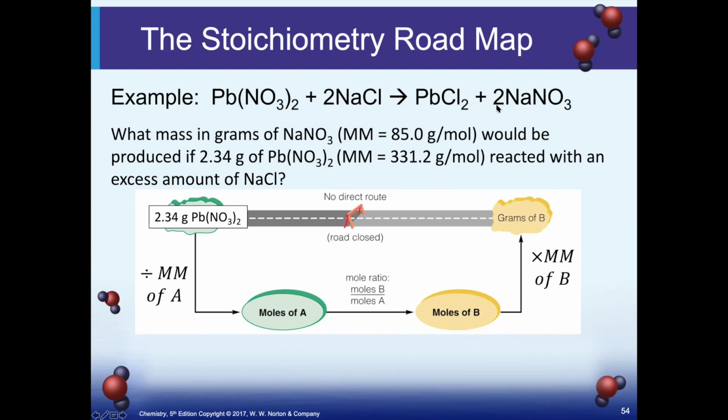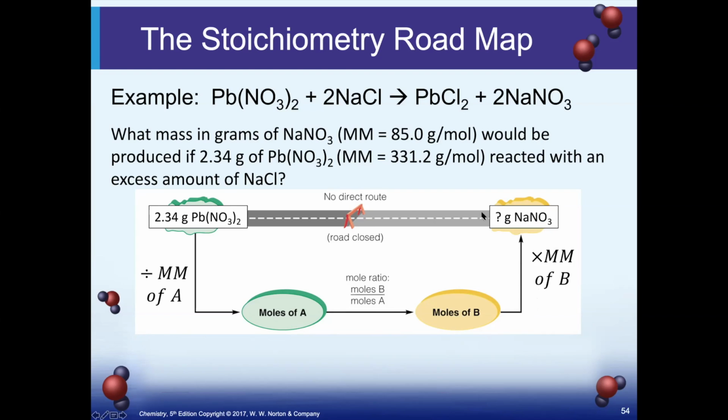So for every lead nitrate that I consume, I produce 2 sodium nitrates. So that ratio is 2 to 1 in this case. So that gives me the moles of sodium nitrate. And then I can just convert that into grams of sodium nitrate by multiplying by the molar mass of sodium nitrate. Okay? So that's the question.